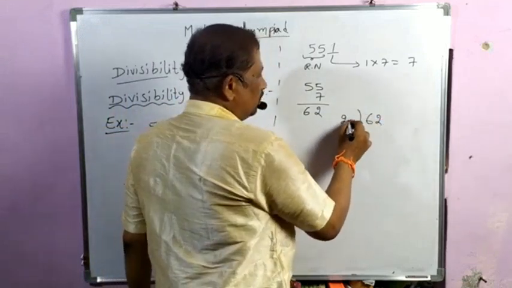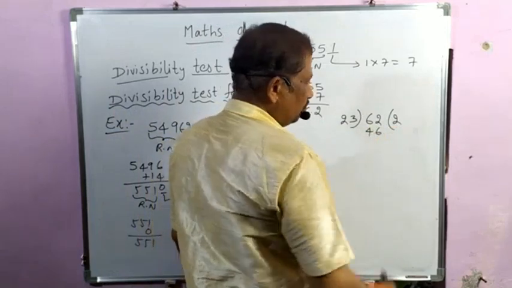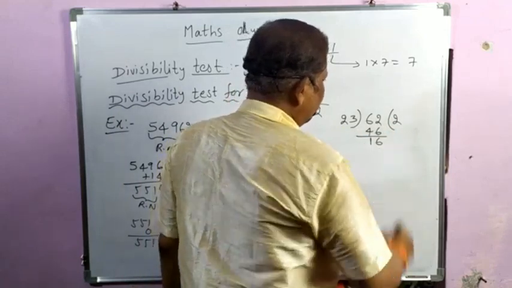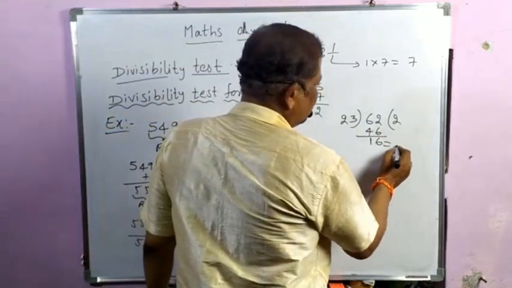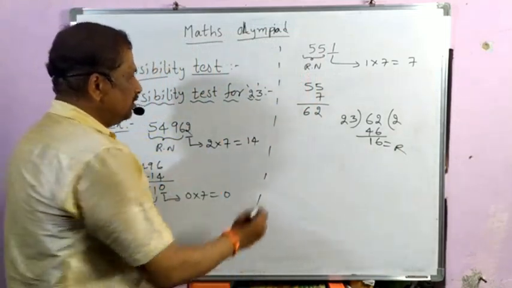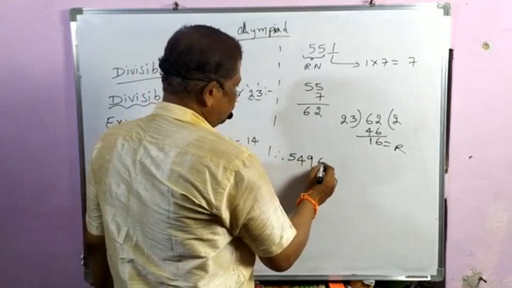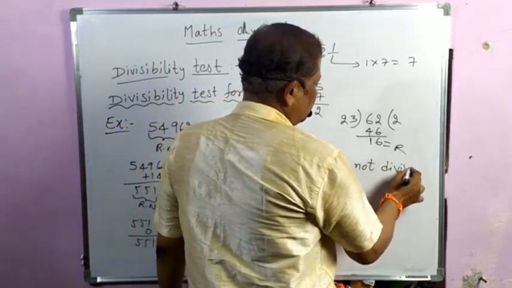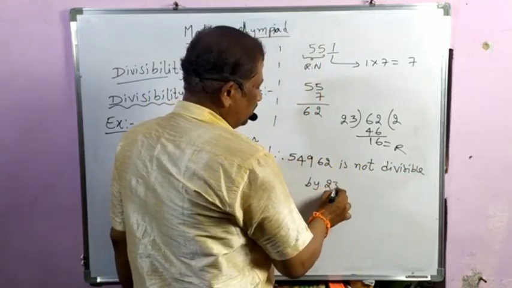Check it: 23 2s are 46, 62 minus 46, 16 is the remainder. So it is not divisible by 23. Therefore, the given number 54962 is not divisible by 23.